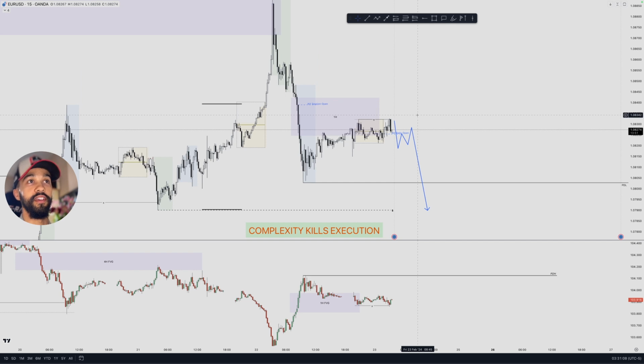What would be great in this scenario is if price was to pull back up here, take Frankfurt's high as well. That would be a valid scenario for the same thing. Then we get that break again, a slow corrective pullback, and then price aims to go lower, or to the PDL, as I mentioned.